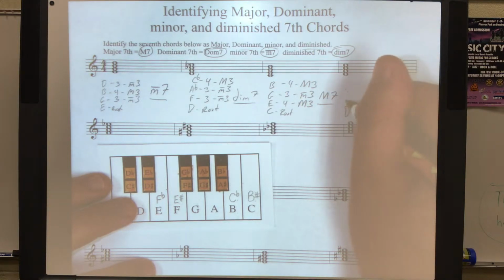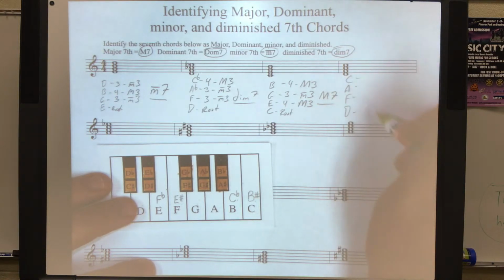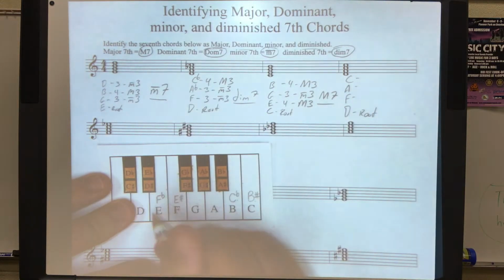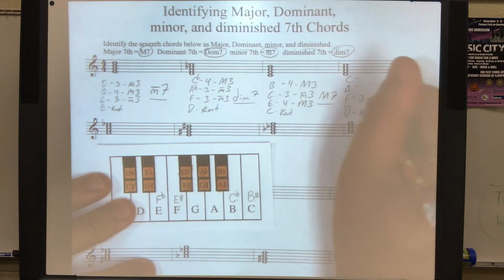Next one is D, F, A, C. D is the root. F is 1, 2, 3 half steps, minor third.